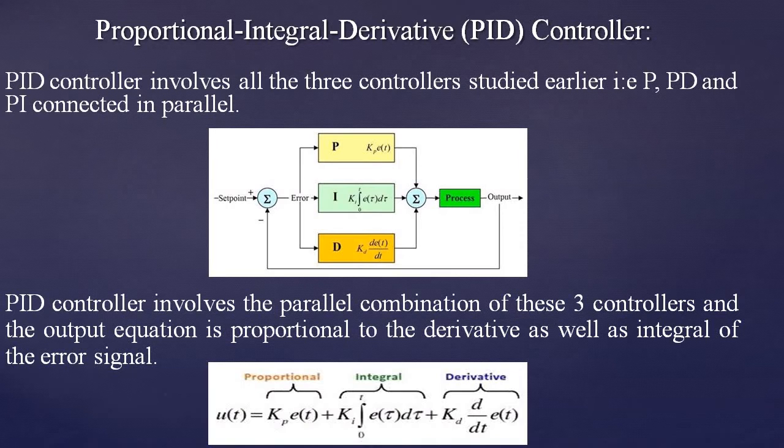The output is proportional to the derivative as well as the integral of the error signal. In the figure you can see the terms for proportional, integral and derivative, and the equation can be given in this way.